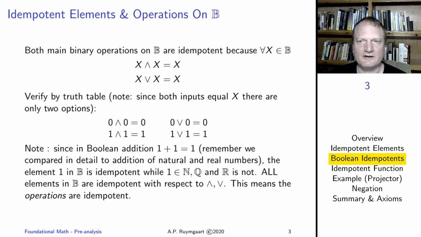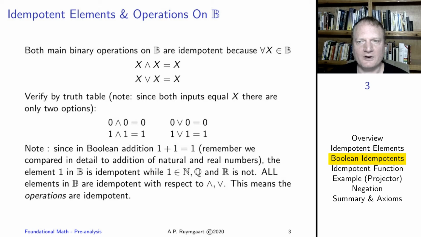Now let's look at idempotent elements on the Boolean domain. We saw that on natural numbers we had two idempotent elements for multiplication, and those were the elements 0 and 1. And on addition we had a single idempotent element, and that was the 0 element.